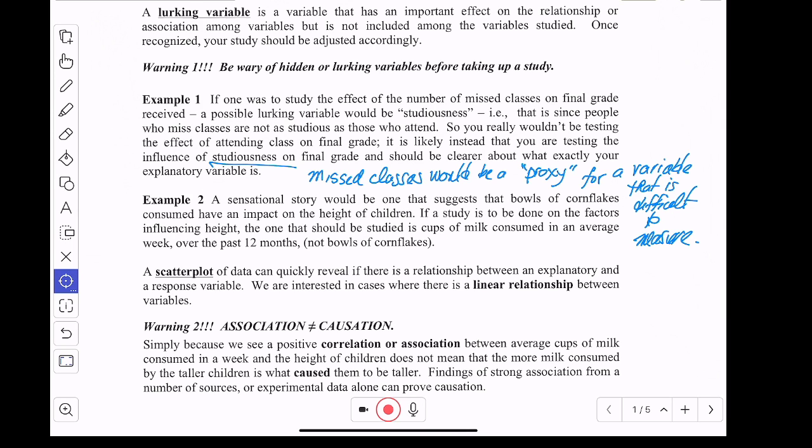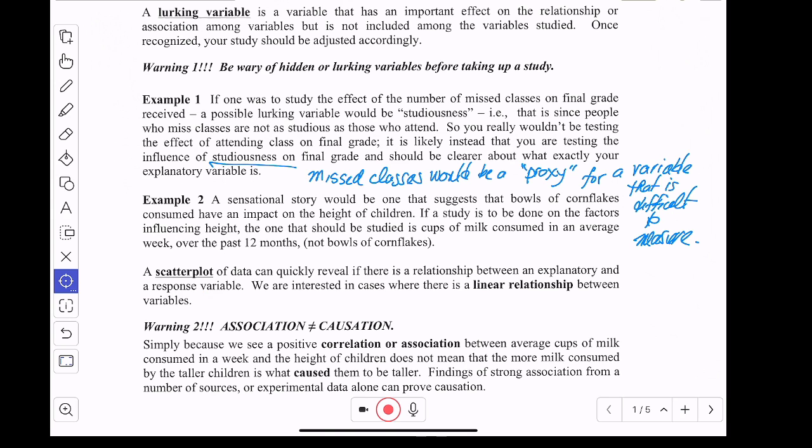I begin my example with an example looking at cups of milk consumed and height, just some numbers I made up. And we discuss that data. We're going to look at the data in a scatter plot and discuss whether there's a relationship between the explanatory and the response variable.